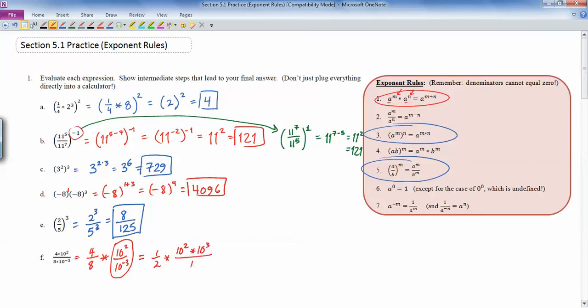And then on the bottom, there's nothing left. So then on top, this is going to be 10 to the fifth over 2. And then that's going to be, well, 10 and then squared, cube, fourth, fifth over 2. So that comes out to be 50,000. That's 100,000 divided by 2.